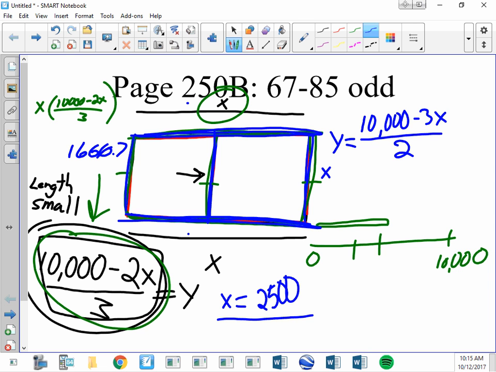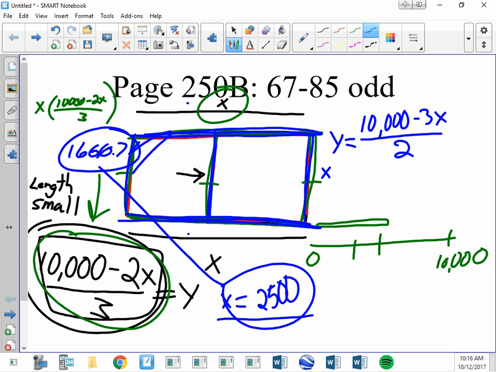Okay, and it wants to know what is the area of 1 pasture, so times this by half of that. Because we just want the area of 1 pasture. You're going to get 20.5. 205 something something something.